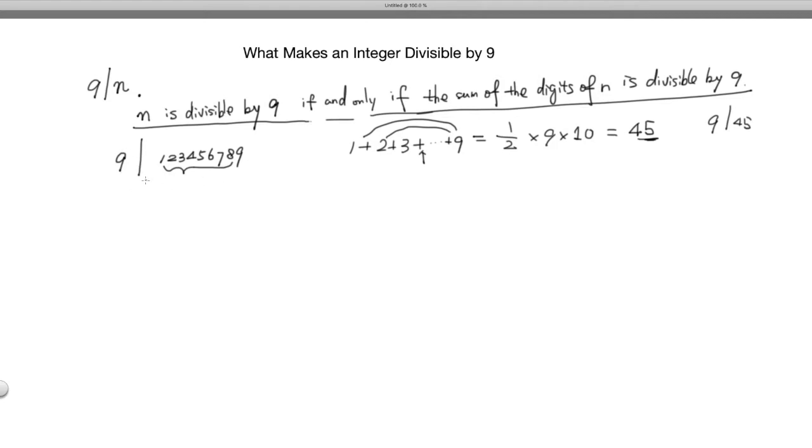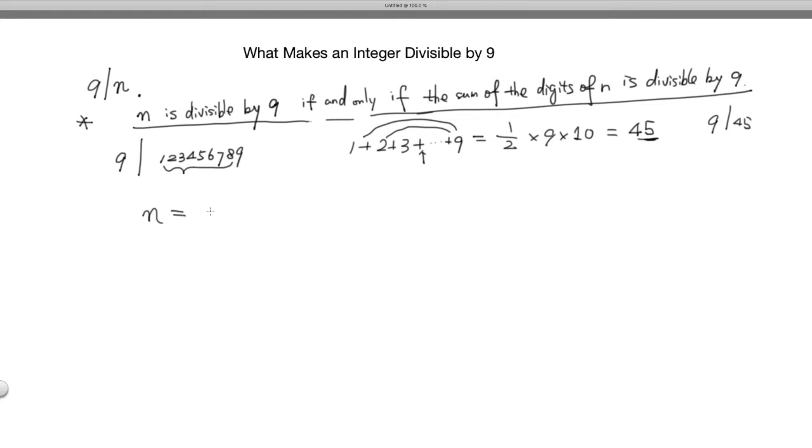Now we're going to prove this property. We're not going to prove the general case. Instead, we're going to prove a special case. We're only going to prove it for a 4-digit integer, called n.